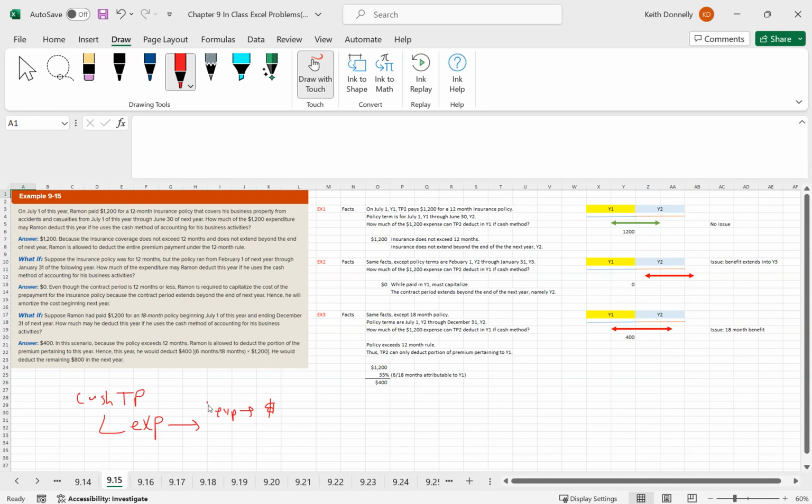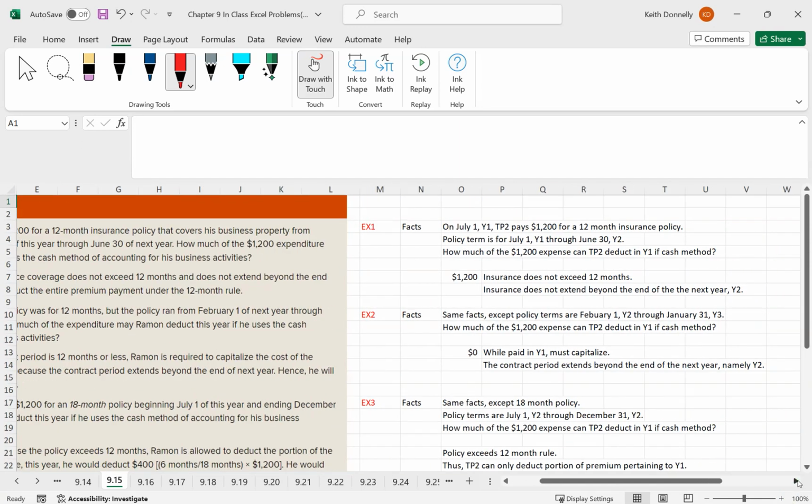But we have an exception that says you have to capitalize prepaid expenses, like prepaid rent, prepaid insurance. But we have an exception to the exception, which is this 12-month rule.